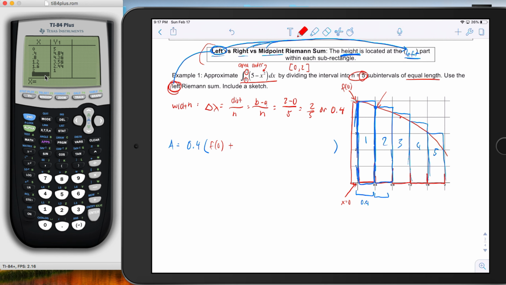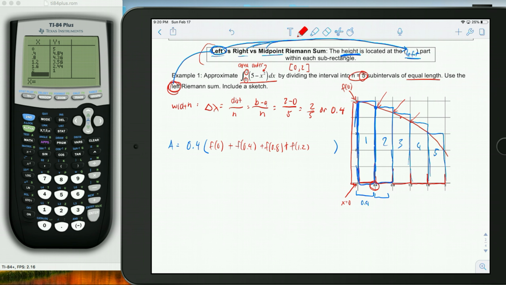That has x value 0.4, so that's f of 0.4, plus f of 0.8, plus this height right there is f of 1.2. And then to continue, plus for our final fifth rectangle, this height is located here on the parabola at 1.6, f of 1.6.